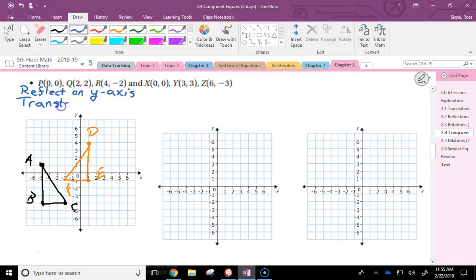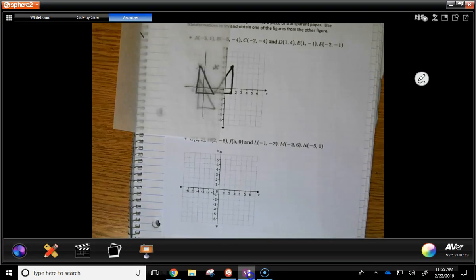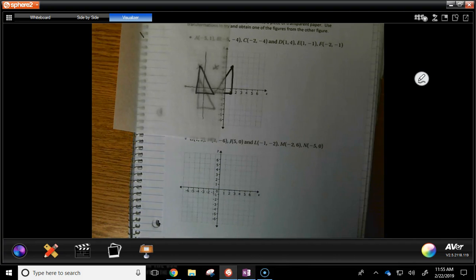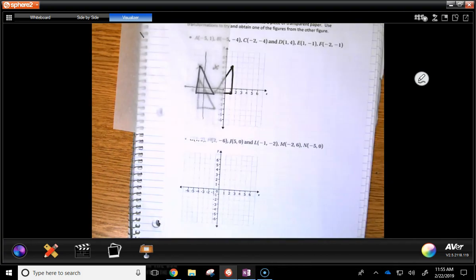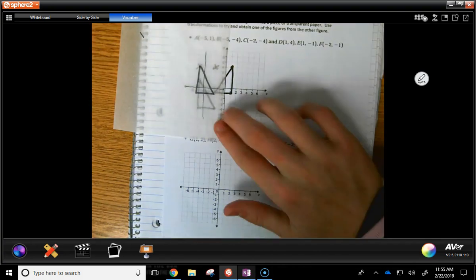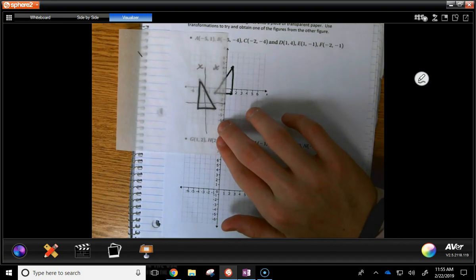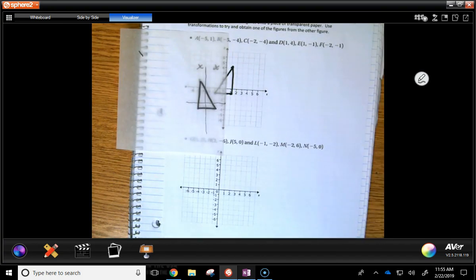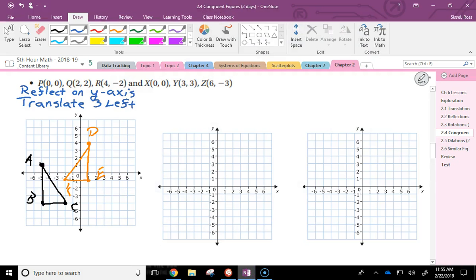Translate 3 left. And we're not there yet. And then translate down. 3 down. Okay, slide it down. Now, do my 2 triangles match up? Okay, so I'm going to say reflect on y-axis, translate 3 left, 3 down.